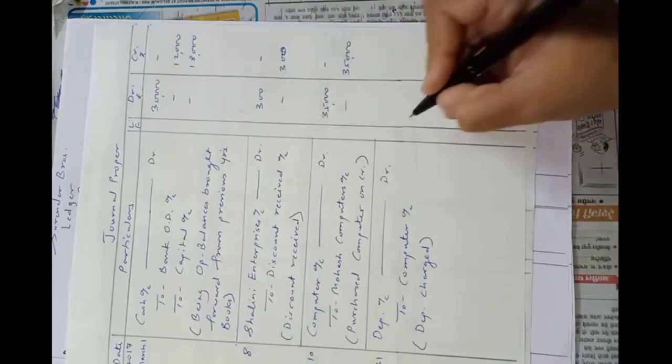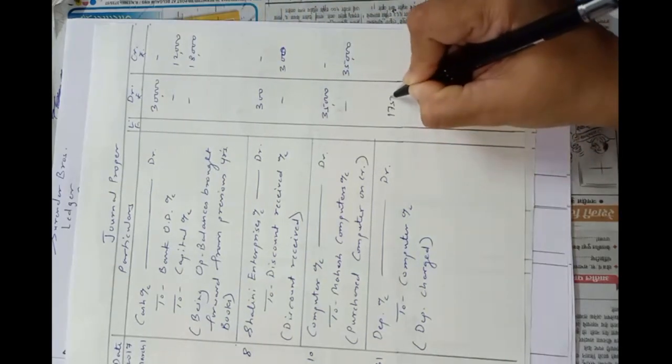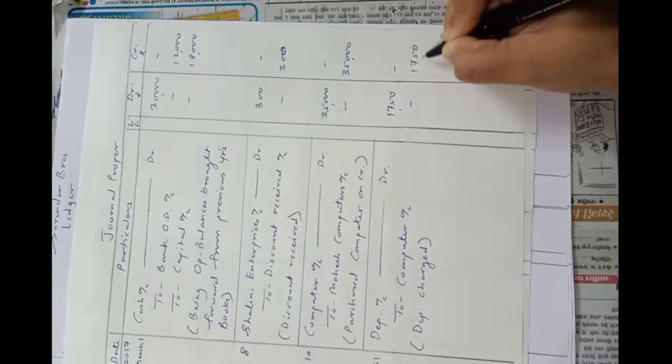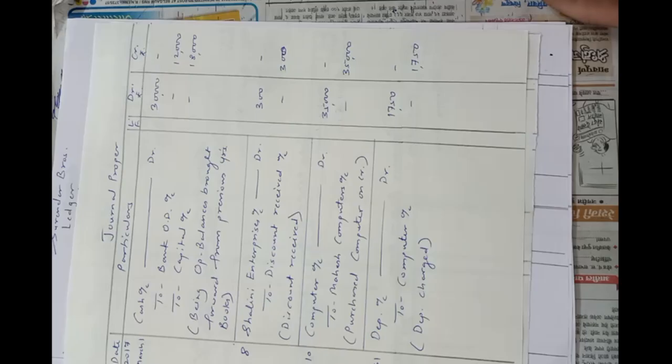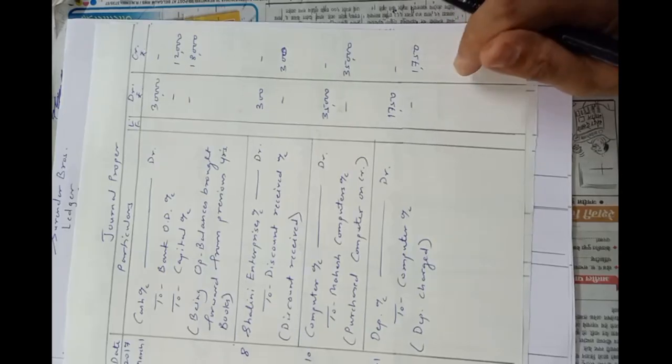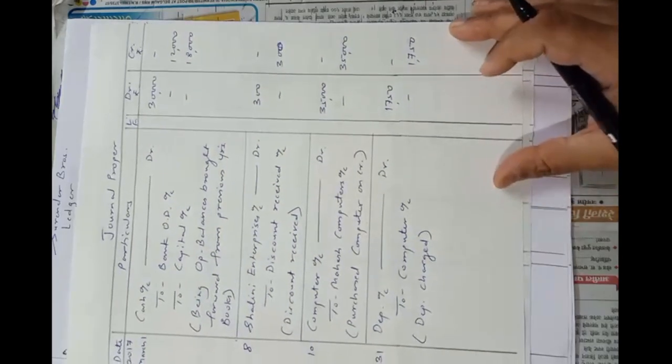So here the amount will be 1750. Even though the computer was purchased in this month only, they have considered full year's depreciation for this computer, because it was purchased before 31st March.